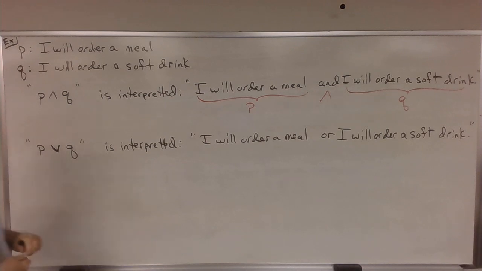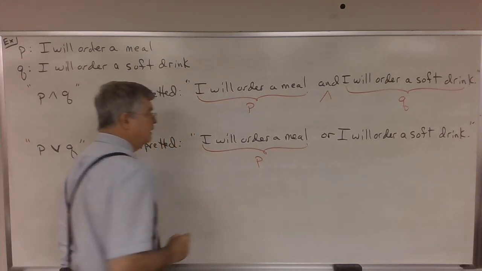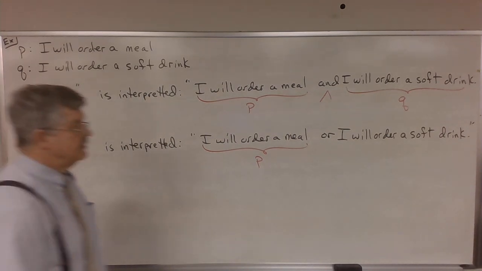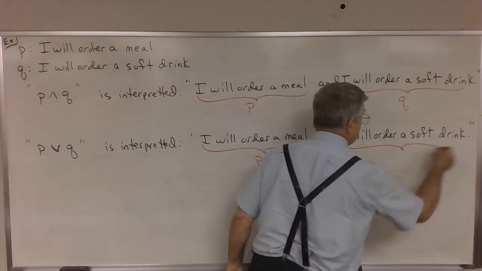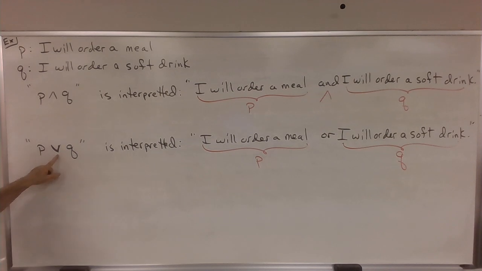P is the simple statement, I will order a meal. Q is the simple statement, I will order a soft drink. And or is represented by this symbol.